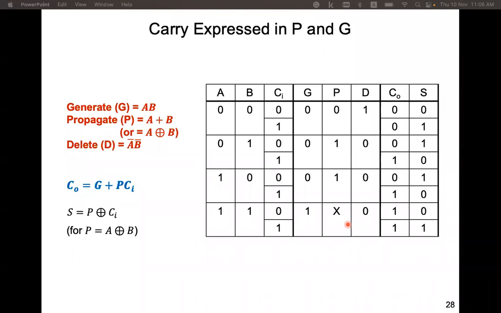I use these properties: the intermediate values generate and propagate of carry, and the carry out. This is a 1-bit full adder. The carry out and sum can be expressed as functions of G, P, and CI.